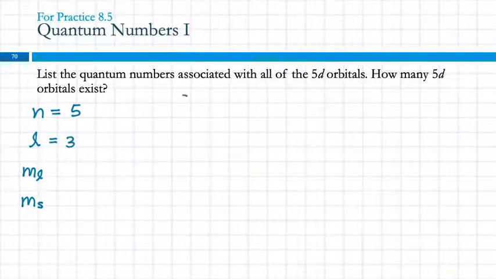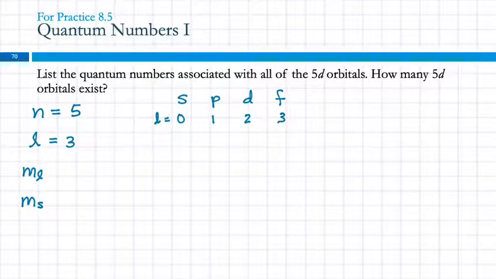There's S, P, D, and F. It says l equals 0, 1, 2, and 3. It's not a 3, it's a 2. 0, 1, 2, S, P, D. It's the 3rd one in, but since it starts at 0, it's 2.